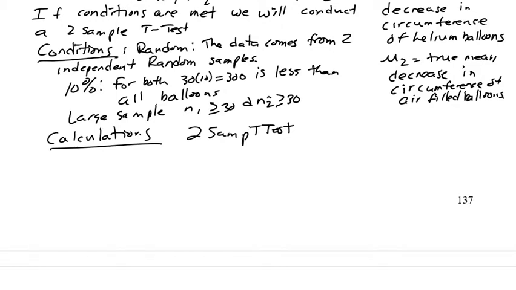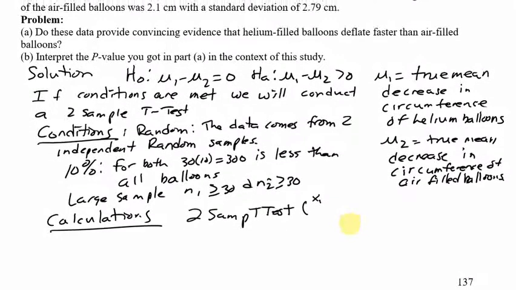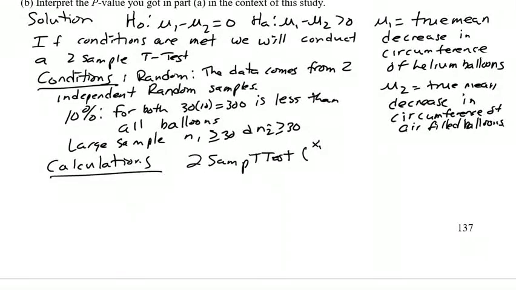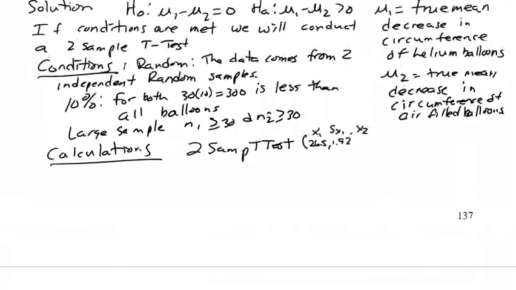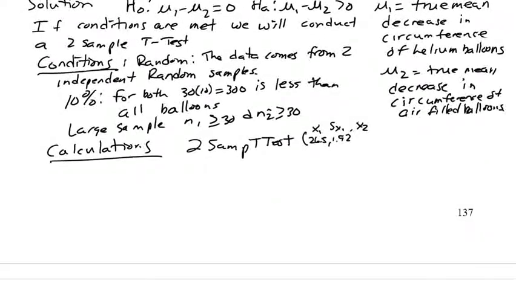We're going to put into it x1, which was 26.5, and 1.92 was the standard deviation, n1 is 30, and then x2, which is 2.1, with a standard deviation of 2.79, and n2 is also 30.